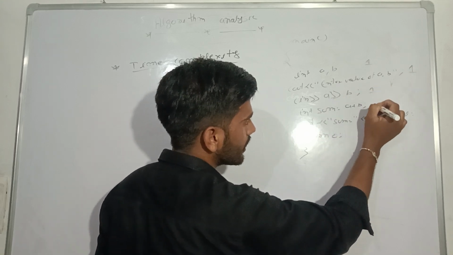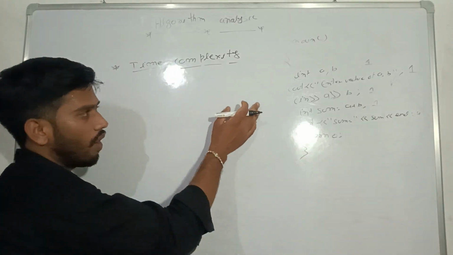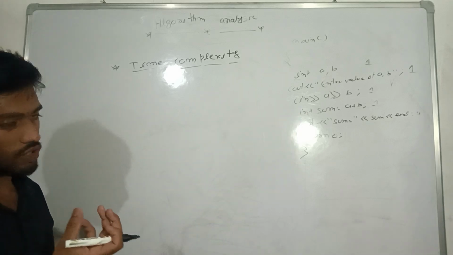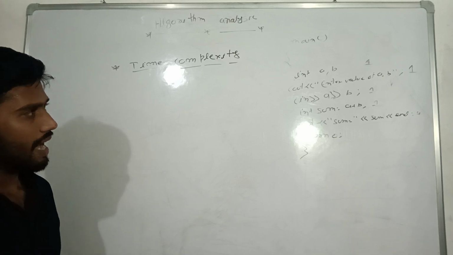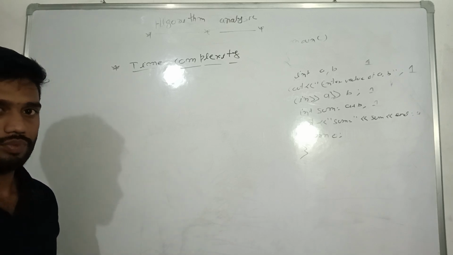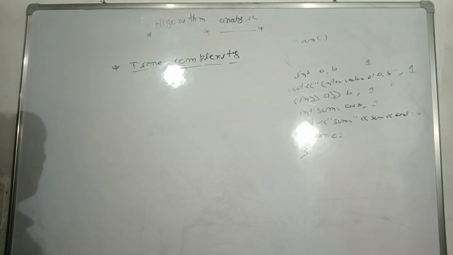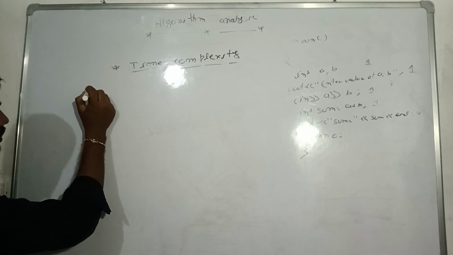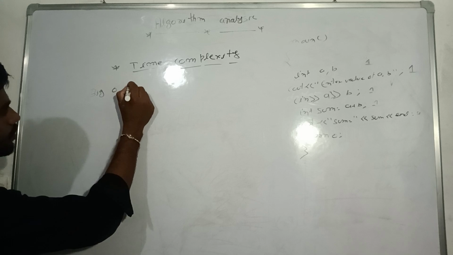Also this will take linear time, this will take linear time, meaning all the instructions take some time. Then how will we analyze this algorithm? To analyze the algorithm and time complexity, we will use asymptotic notations, and first of all is the Big O notation.